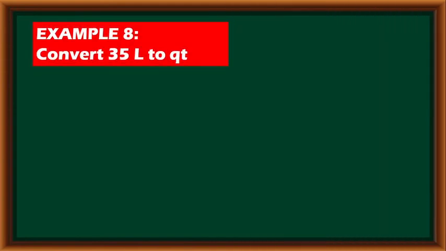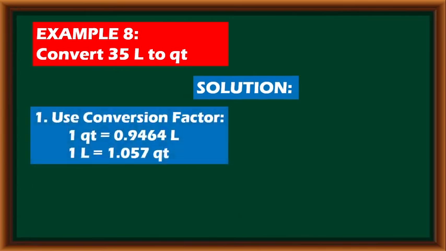For example number 8, you're going to convert, this is now in the measures of capacity. Convert 35 liters to quart. Solution. So we have 2 conversion factors. 1 quart is equivalent to 0.9464 liters. 1 liter is equivalent to 1.057 quart. Liter is a larger unit than quart.